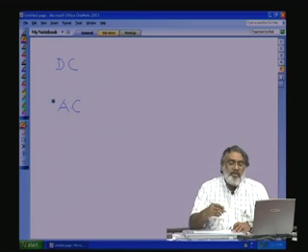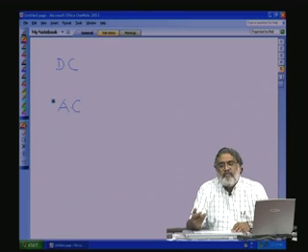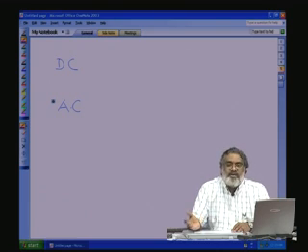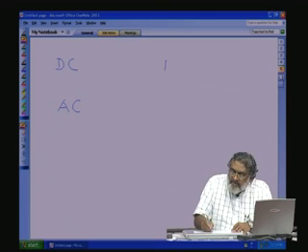Our output of the converter also, in its basic form, can be either DC or AC. So here also there is a power converter, DC or AC.